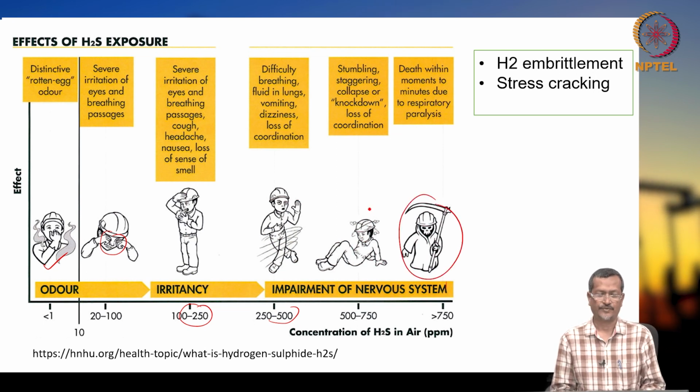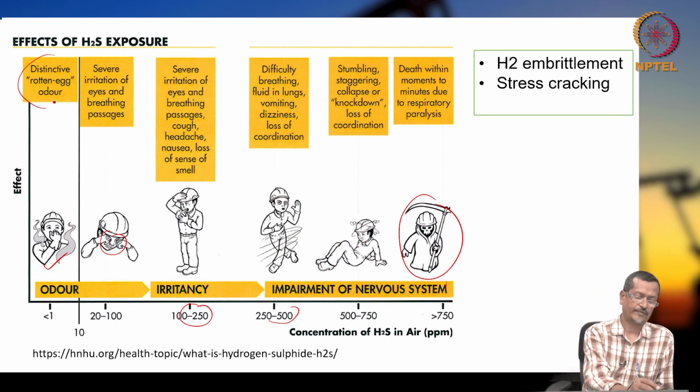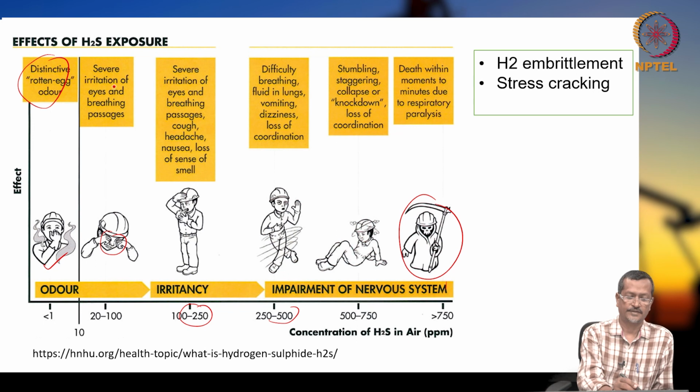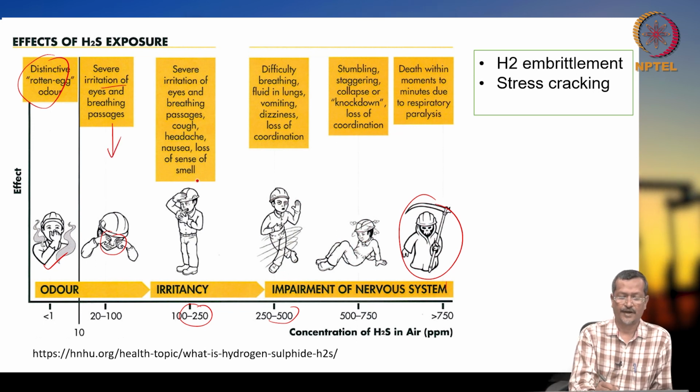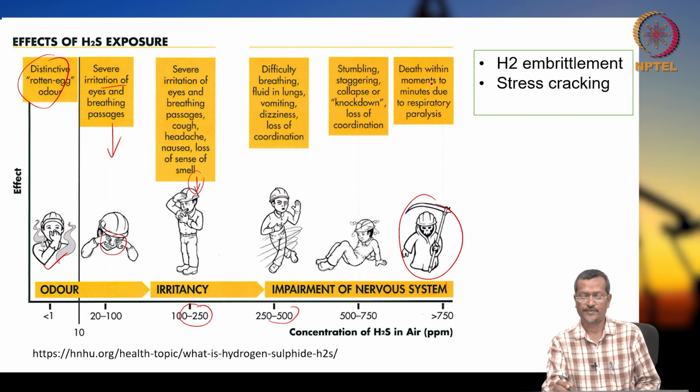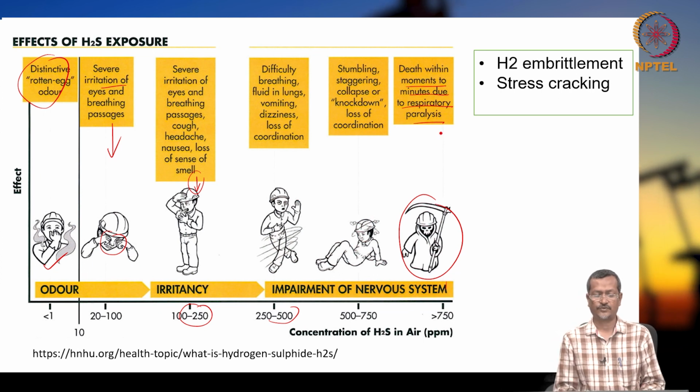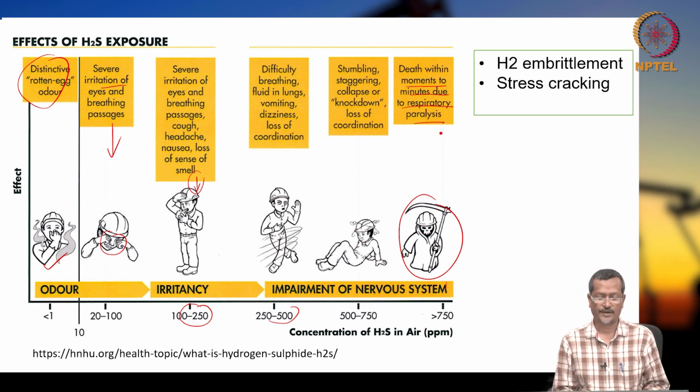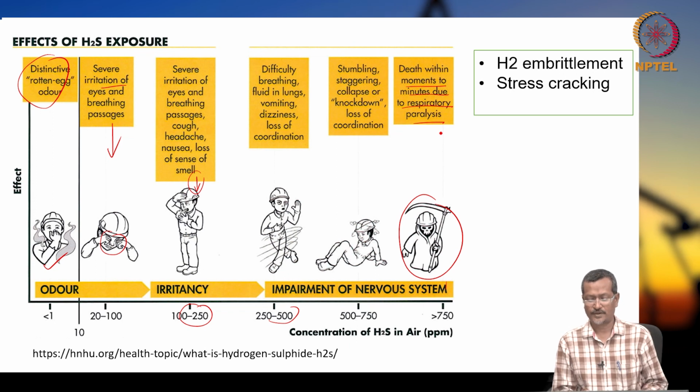A distinct rotten egg odor comes at a very low amount, and severe eye irritation and cough come at 100 to 50, but at more than 750, death within moments to minutes due to respiratory paralysis. Basically it attacks the respiratory system and also your brain, so death occurs.